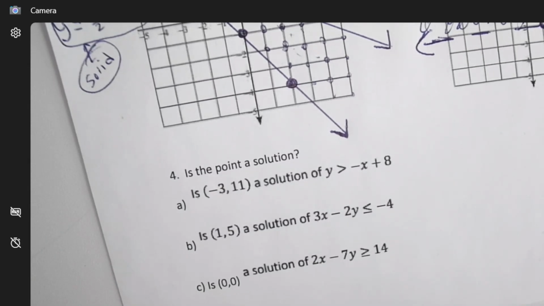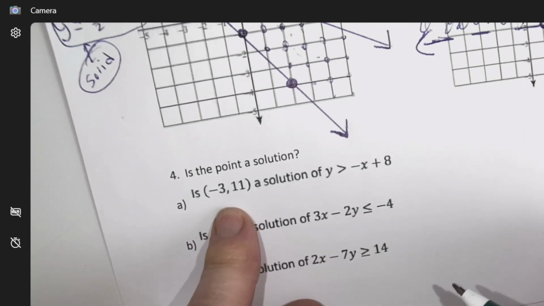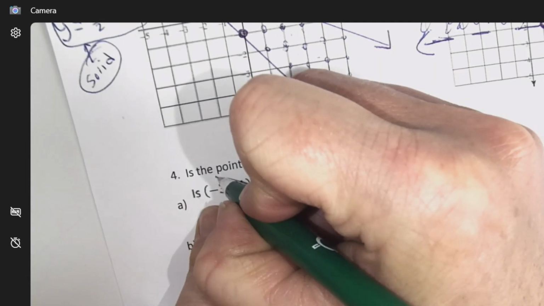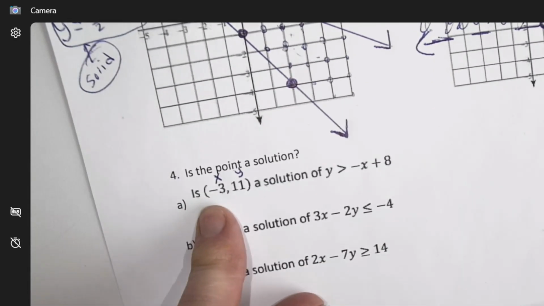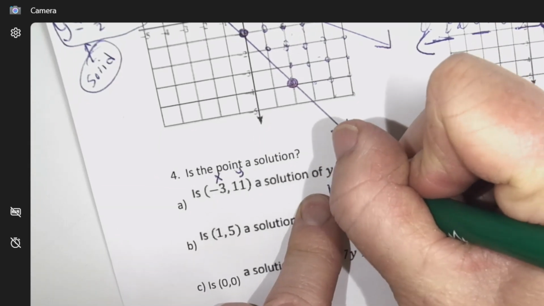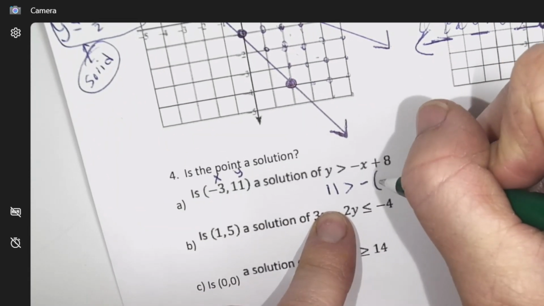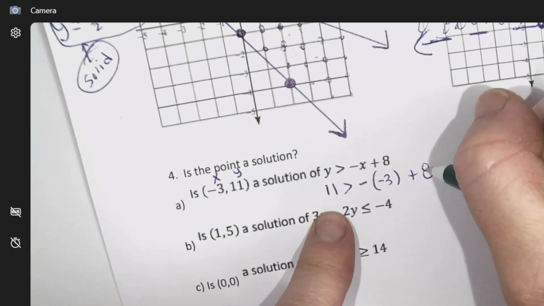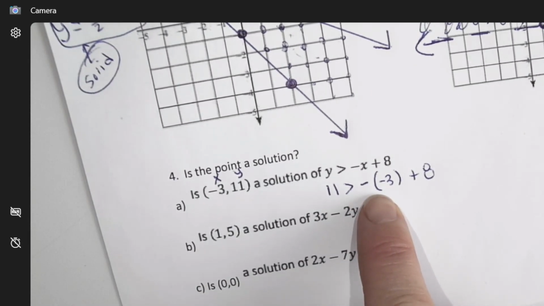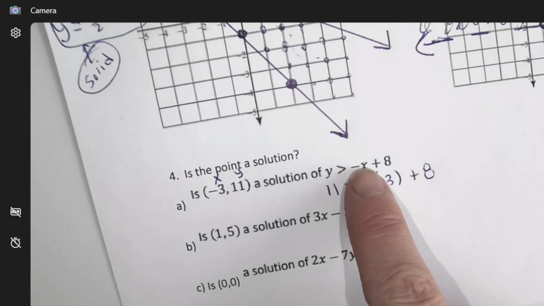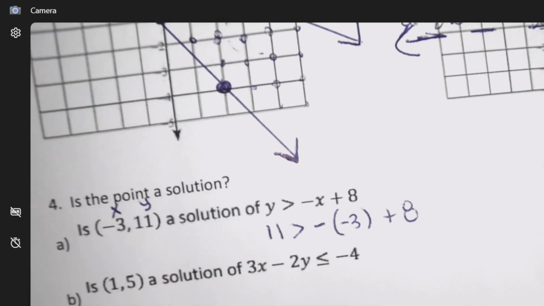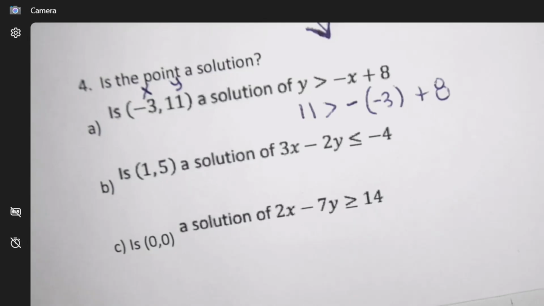Okay, here's another question on your test. Is this coordinate a solution? And you're going to have to tell me yes or no and show me why. Okay, so what you do is you replace, you plug in. So this is the x and this is the y. So I'm going to put 11 in the y spot. And I'm going to put a negative 3 into the x spot. It's a little bit tricky. Do you see what I did there?